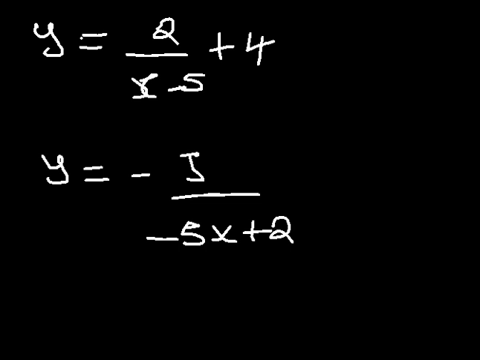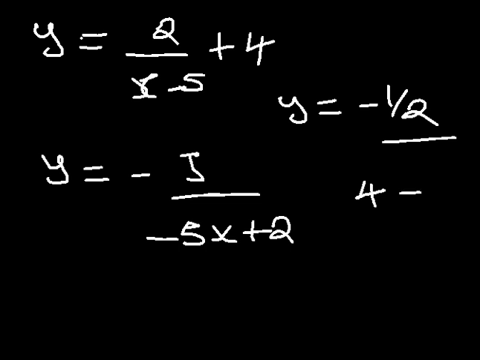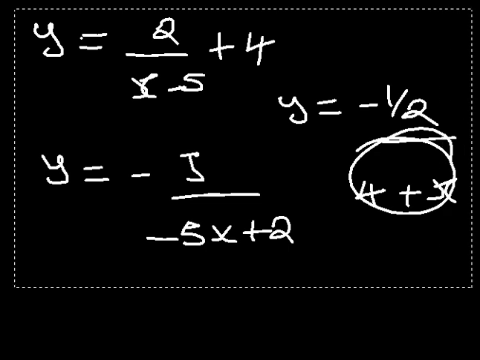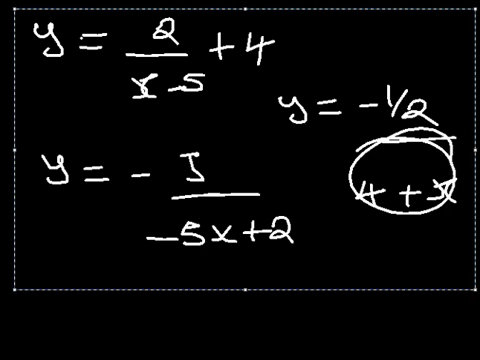So try to draw the graphs of those functions. Let's say y is equal to negative half, divided by 4 plus x. What will be the graph of this function? Try to find the solution and how the graph is going to look.